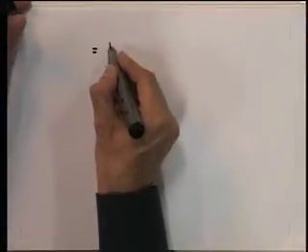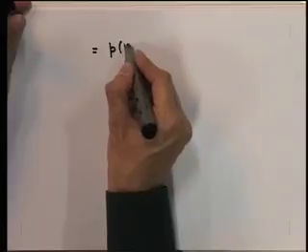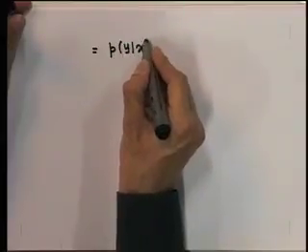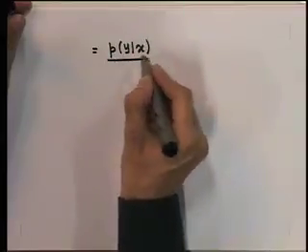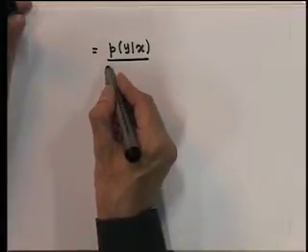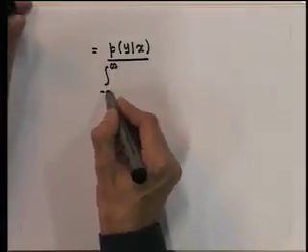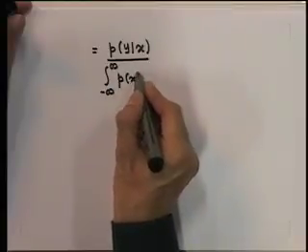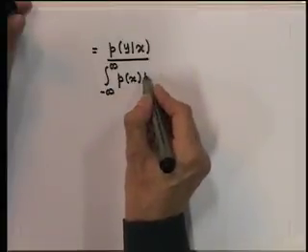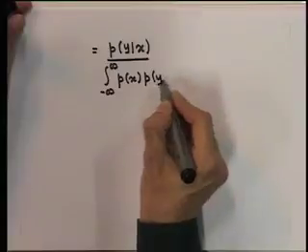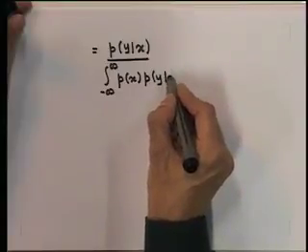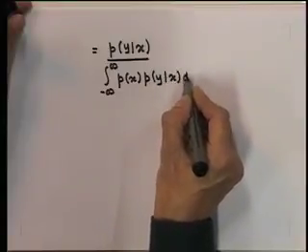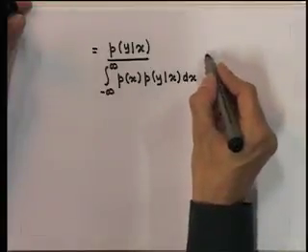This can be rewritten as PDF P(y given x) divided by the integral of PDF P(x) multiplied by conditional PDF P(y given x) dx.